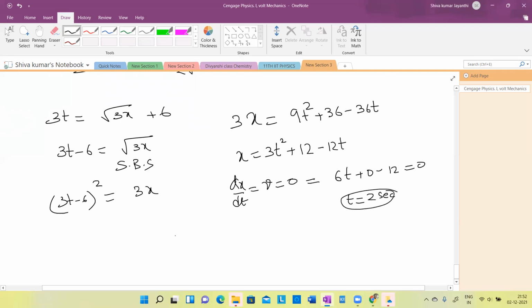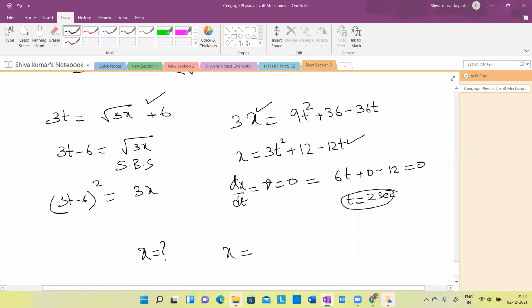Now the time has come. So what they're asking you to find is x. How do you find x? Simply go back and substitute. You get the answer. Go back and where you are to substitute? In this equation or this equation or this equation. Anywhere you can substitute.